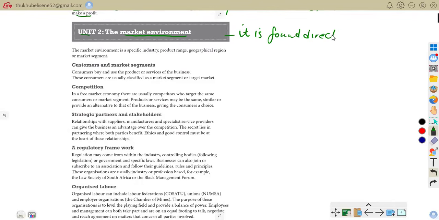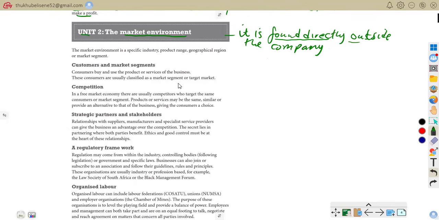It is found directly outside the company, meaning it is not internal. It is external, but it is found directly outside the company.